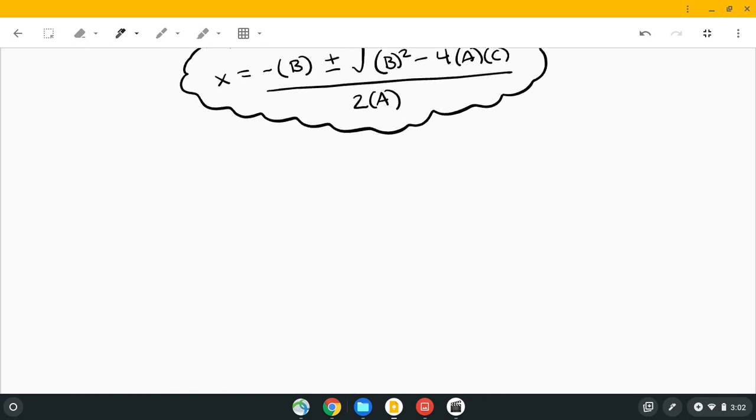So let's go ahead and take a look at an example of using this to solve. So let's go ahead and solve this equation using the quadratic formula.